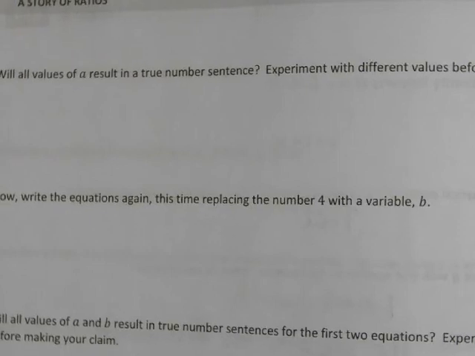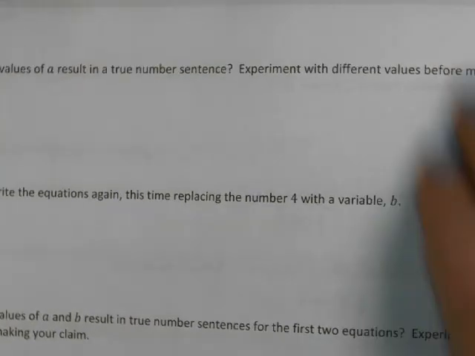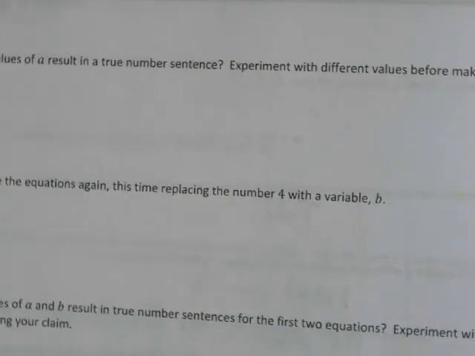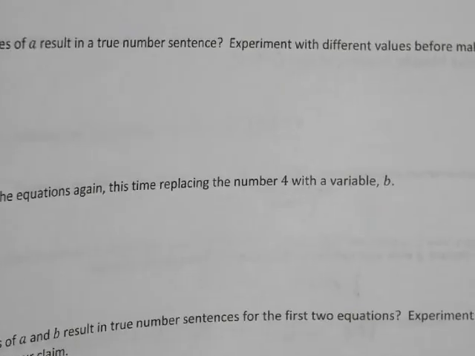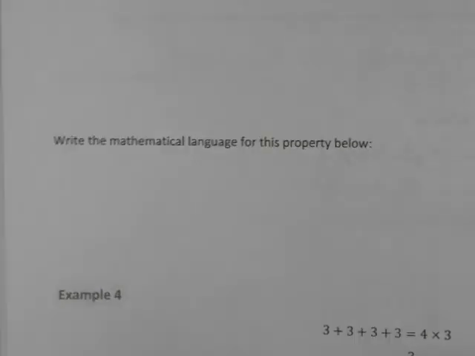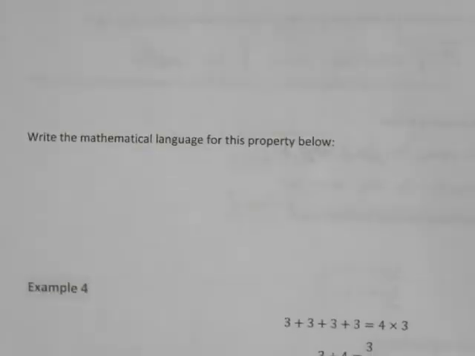And the answer is yes, it will be true. So with this property, it does not matter what number. If we are only adding or only multiplying, that is true. Subtraction and division, you have to do in the right order. But multiplication and addition, the order doesn't matter because of the commutative property.